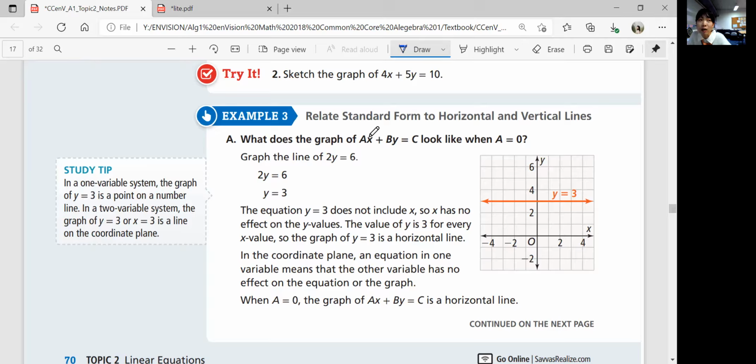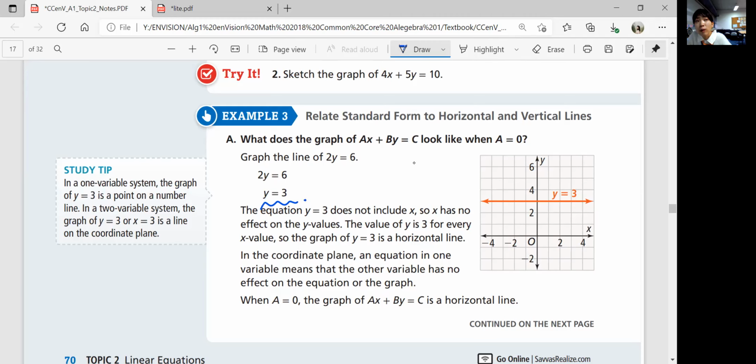So you just have by equals c, which for an example could be 2y equals 6, right? And that's really y equals 3 if you simplify the equation. And so if your a is equal to 0, then you just have y in your equation. There's no x. Y has to be 3.